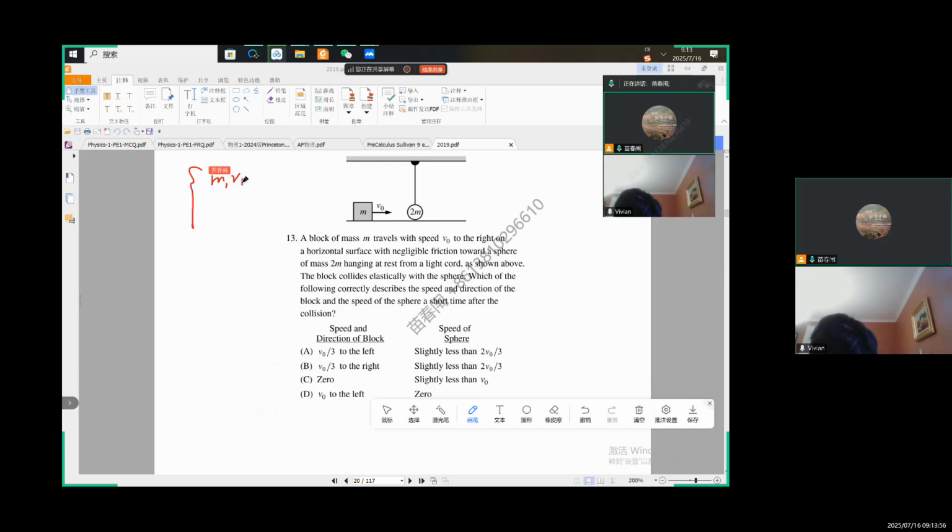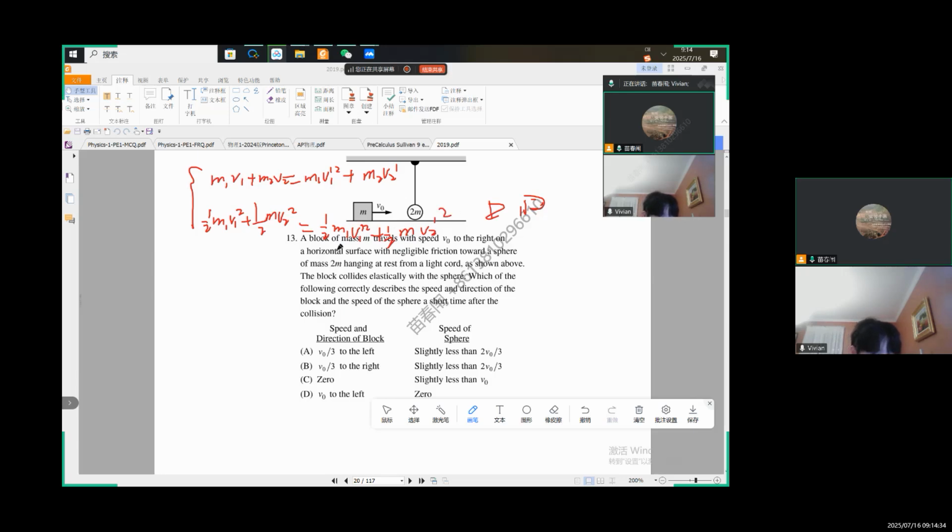m1 v1 plus m2 v2 equals m1 v1 prime plus m2 v2 prime. This is a collision between any two. And the other one, at the same time for an elastic collision, is 1/2 m1 v1 squared plus 1/2 m2 v2 squared equals 1/2 m1 v1 prime squared plus 1/2 m2 v2 prime squared.